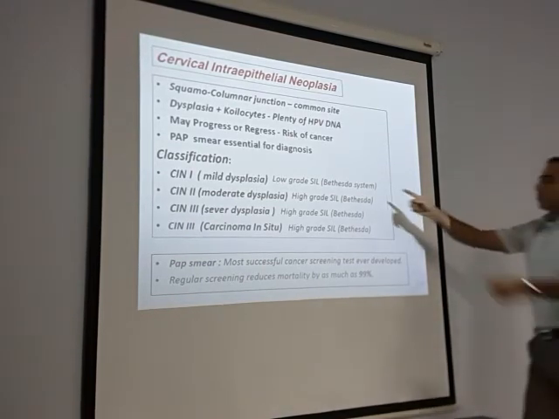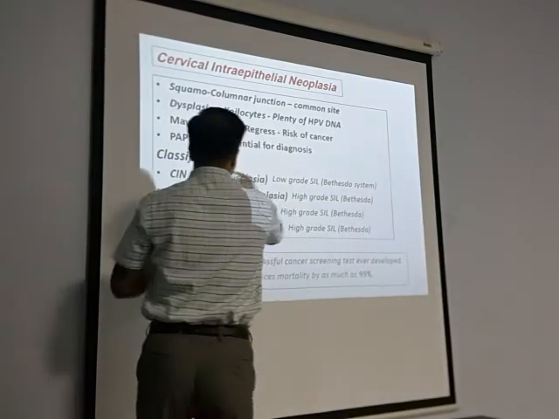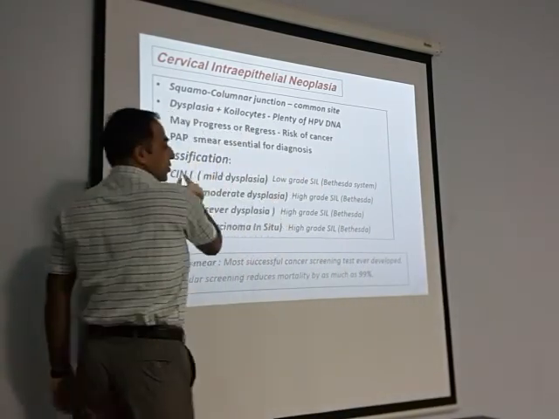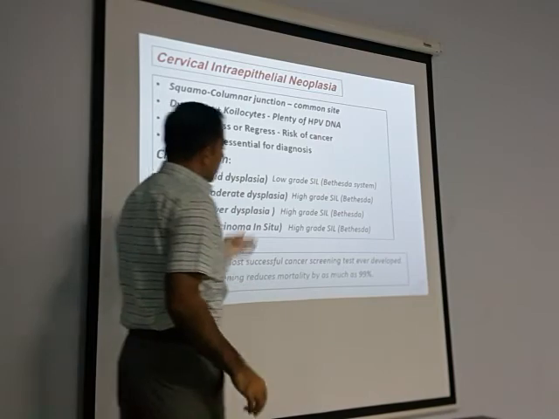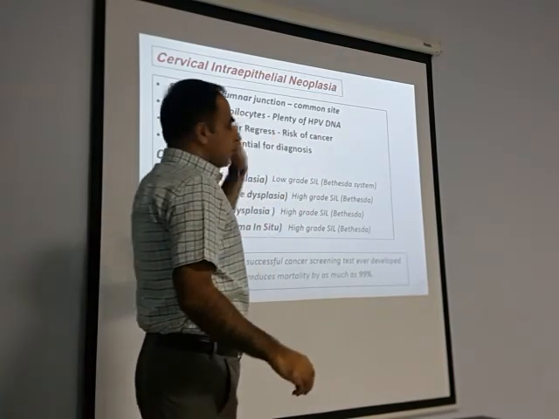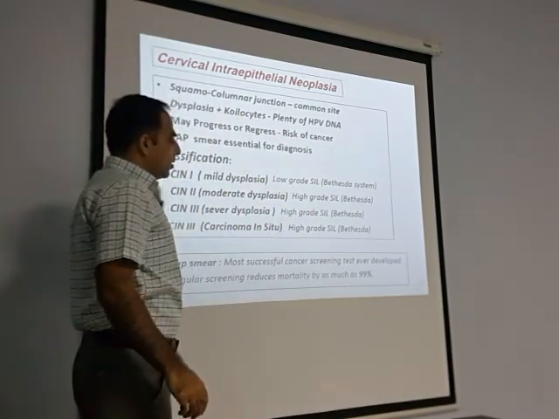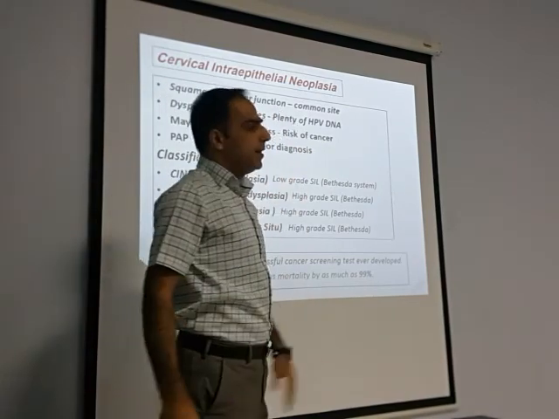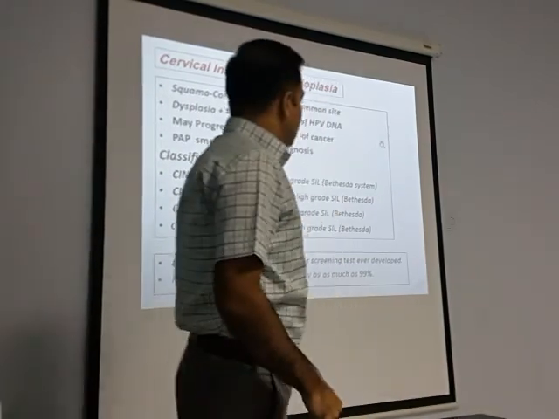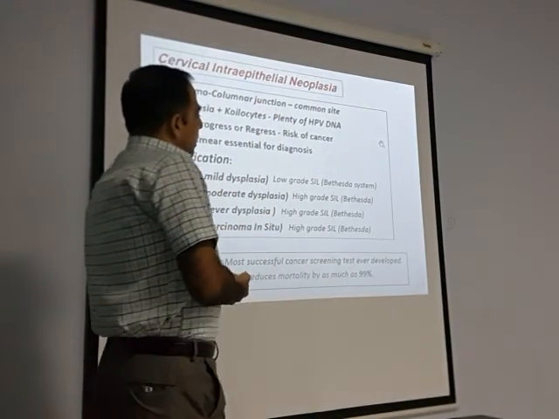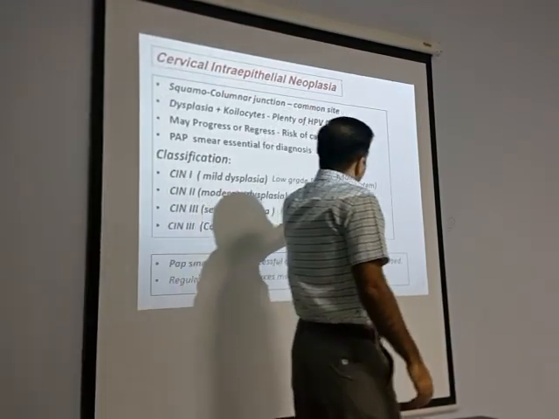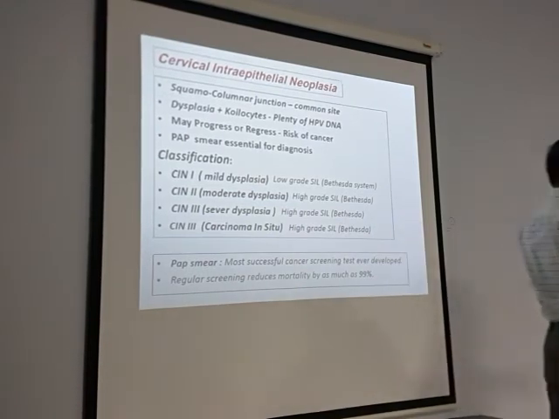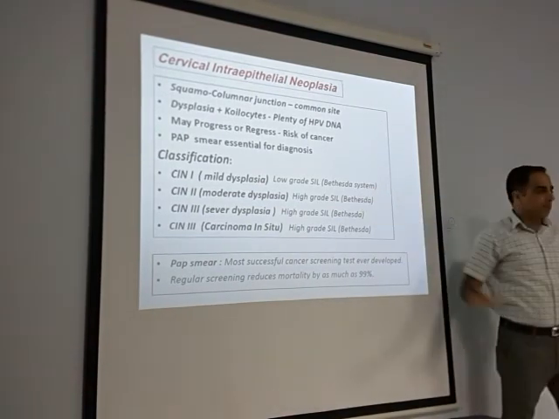So low grade corresponds to CIN1 or mild dysplasia. Others are high grade: CIN2, 3 or carcinoma in situ, all high grade. They come under the high grade squamous intraepithelial lesion. And this system of grading the cervical intraepithelial neoplasia on Pap smear is known as the Bethesda system.